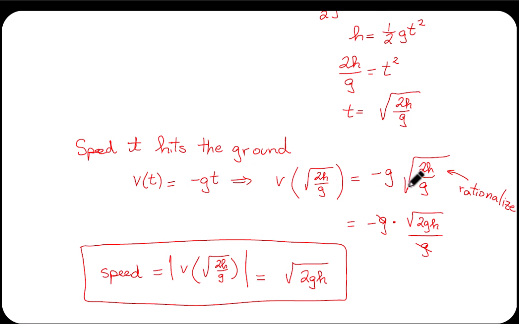All right, so let's see, I need to clean this up. So I'm going to rationalize this by multiplying top and bottom by the square root of g. And so that cancels. And so speed is the absolute value of velocity. So the speed doesn't depend upon plus or minus. And we do actually get the square root of 2gh.